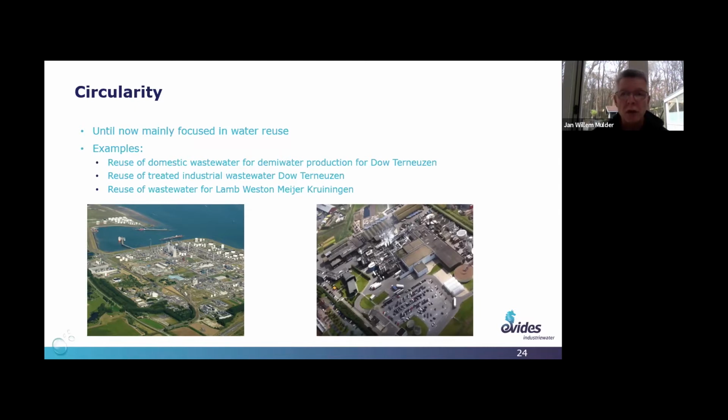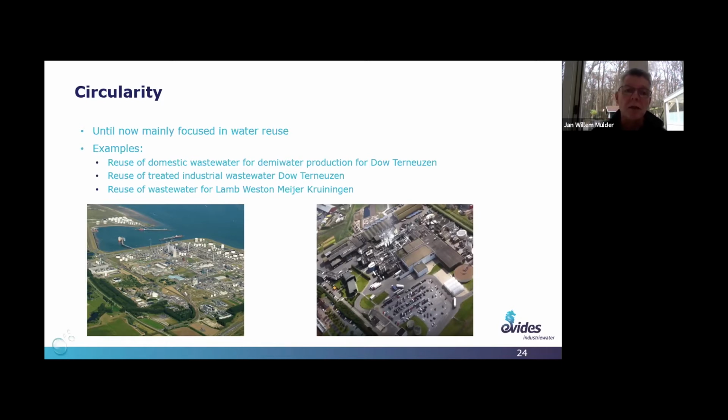So we started together thinking about options for water reuse, and we ended at the local water authority. And nowadays we use domestic wastewater as part of the water source, not entirely, of course, for the demineralized water production for Dow. And we intend in the future to extend it to have a bigger amount of water being reused.